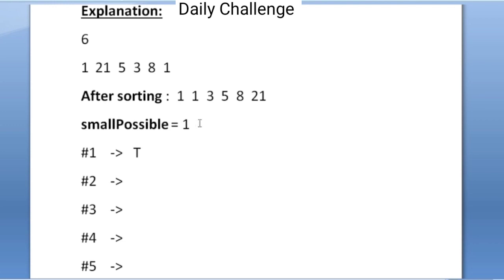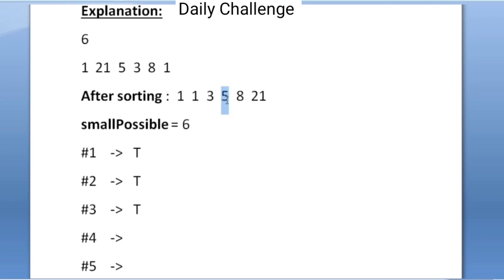Yes, it is true. So we are going to update the smallest possible. 1 plus 1 is 2. Now second, 1 is less than or equal to 2. Again this is true. So 2 plus 1 is 3. Now the third iteration, 3 less than or equal to 3, true. So 3 plus 3 is 6.